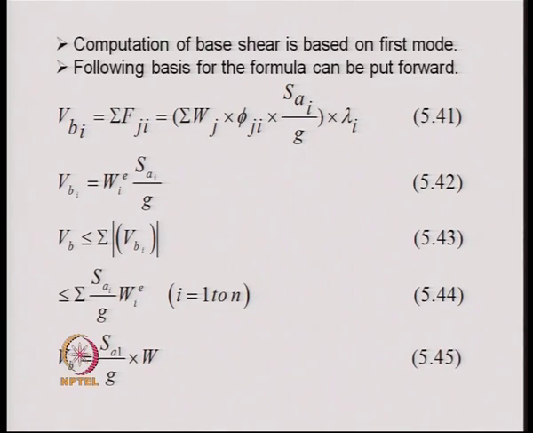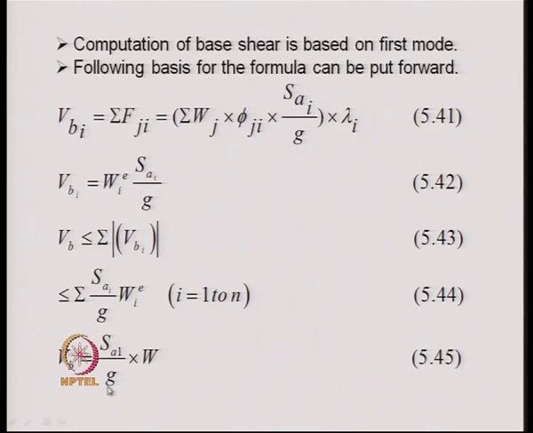So, the base shear now can be written as V_b is equal to S_a1 by g multiplied by W, and the seismic coefficient method prescribes the value of V_b to be equal to W multiplied by a seismic coefficient.